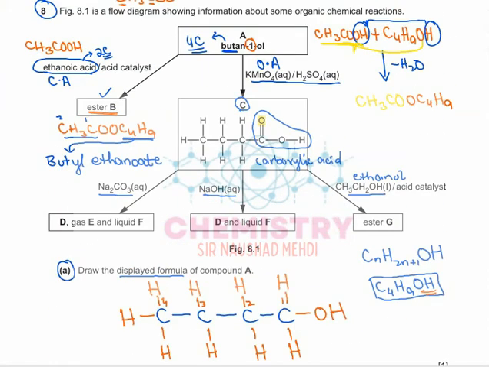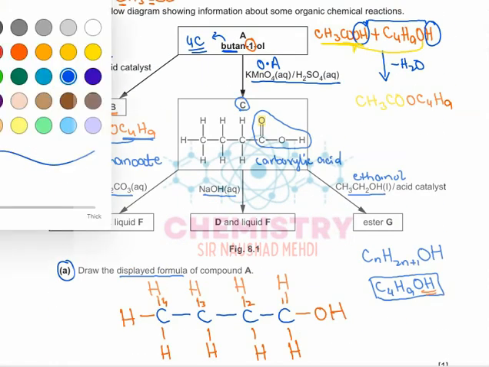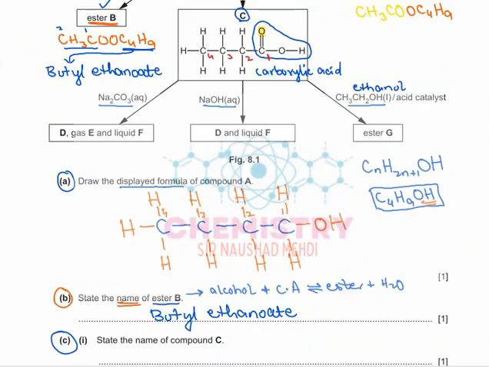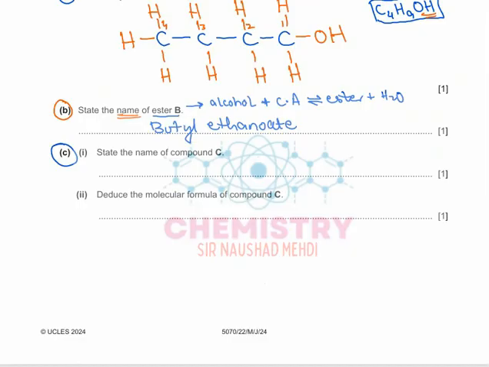Compound C is a carboxylic acid, so just count the number of carbon atoms. One of COOH, 1, 2, 3, 4. So there are 4 carbon atoms, and for 4 carbon atoms we use the prefix but. So the carboxylic acid would be butanoic acid, right?